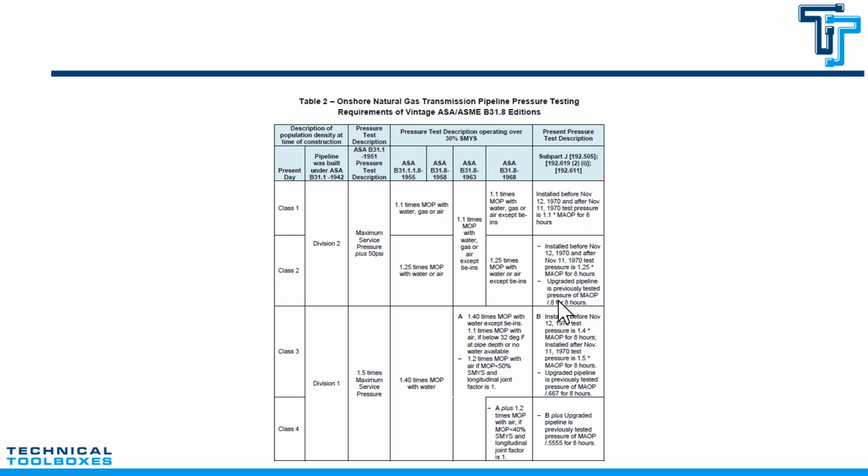They have also included a category for pipes that have been converted under 192.14. That also goes with the test factor of 1.25. The starting test factor is 1.25 for class 1, and as the class location increases, the test factors for safety concerns also increase dramatically.